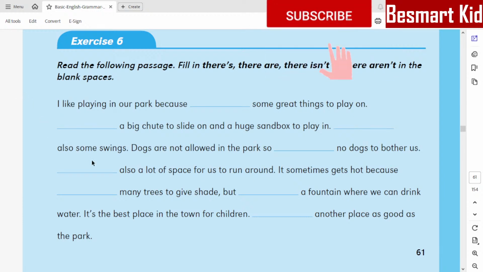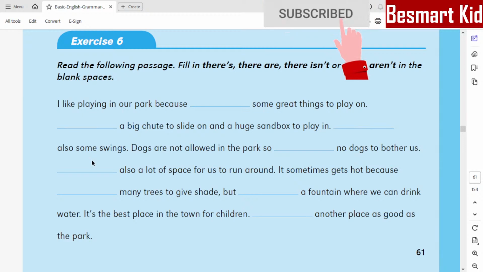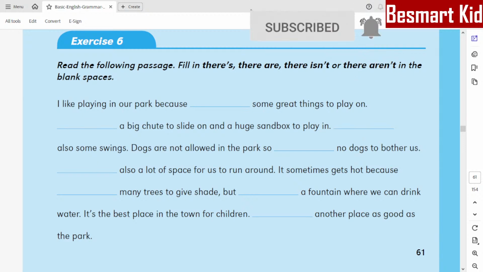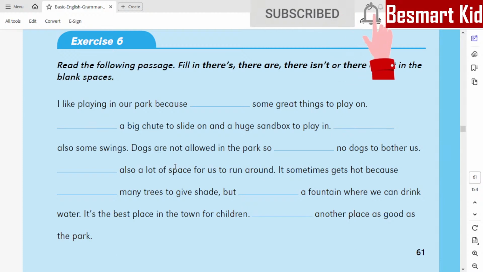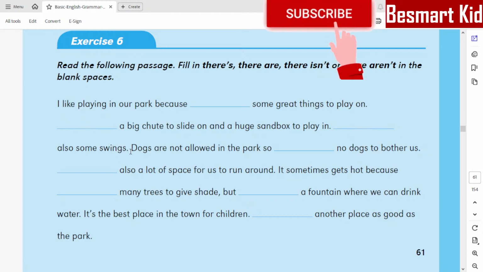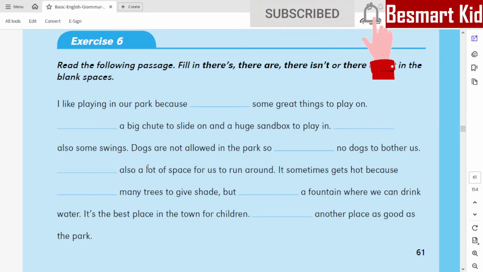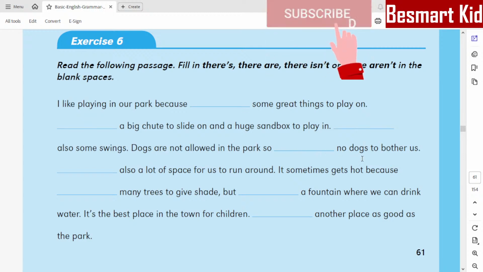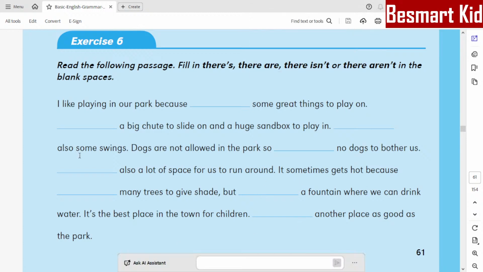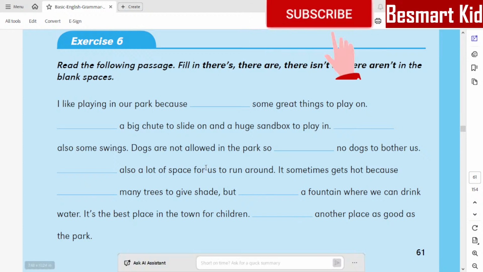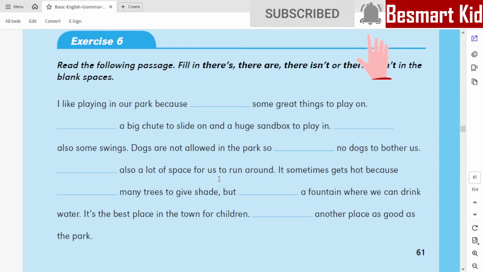There's a big chute to slide on and a sandbox to play in. Also some swings. Dash. Dogs are not allowed in the park, so dash no dogs to bother us. Dash also allowed space for us to turn around.